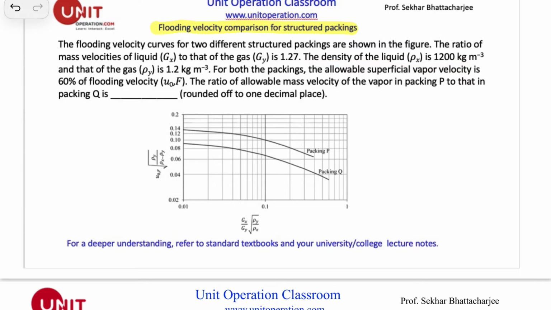For both the packings, the allowable superficial velocity, we'll see what the allowable superficial velocity is, is 60% of the flooding velocity.